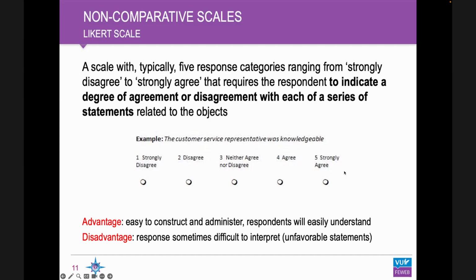Remember, in the interval measurement level, we talk about equal intervals between the numbers, but can you really say, if this is 1 and this is 2, the difference between that is equal to the difference between these two? It doesn't have a meaning in terms of the difference of the numbers. So in this case, this is ordinal.